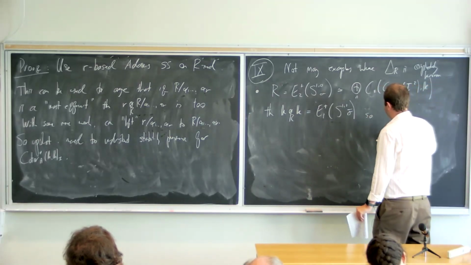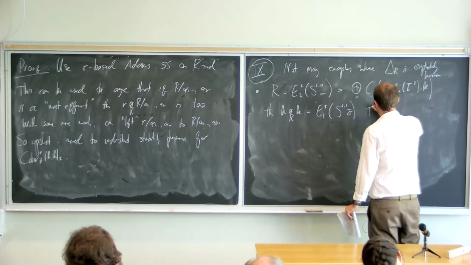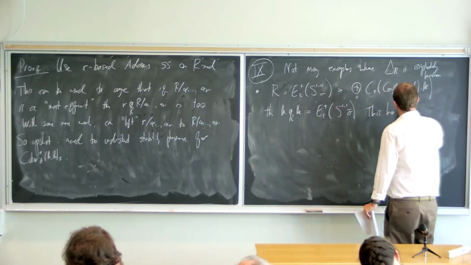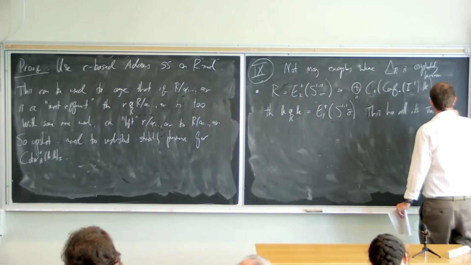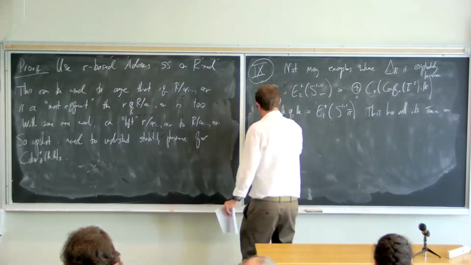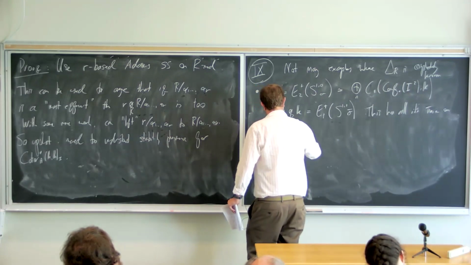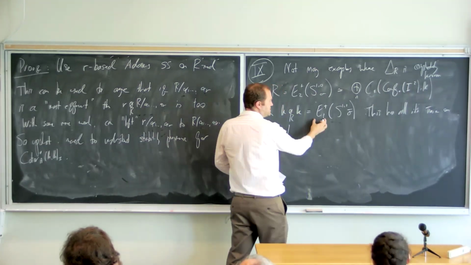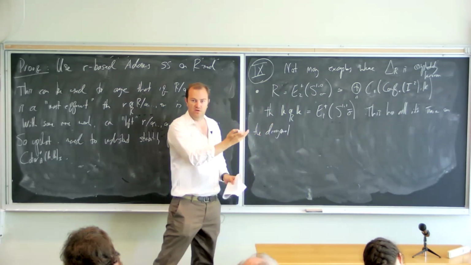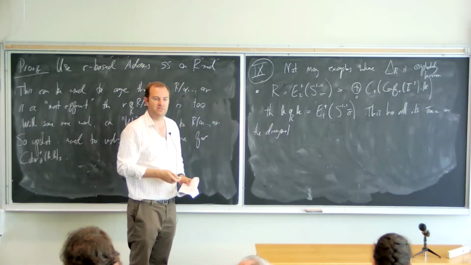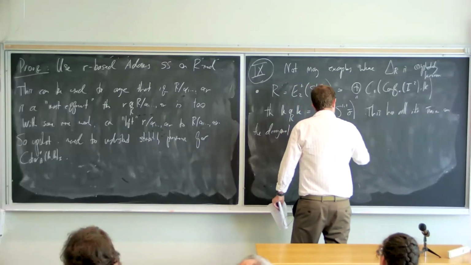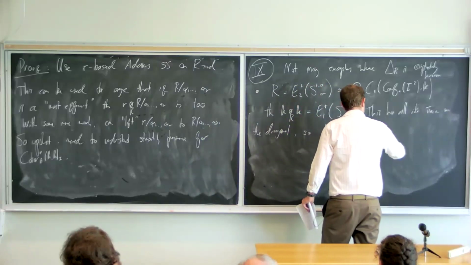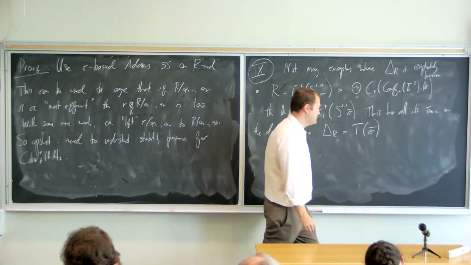So this has all its pi star on the diagonal. Right, it's a tensor algebra on a class of degree 1,1, which is on the diagonal. So when you take powers, it's also on the diagonal. So this stability Hopf algebra in this case is just a tensor algebra on one generator.